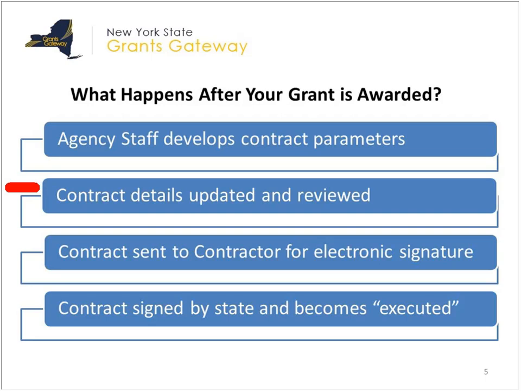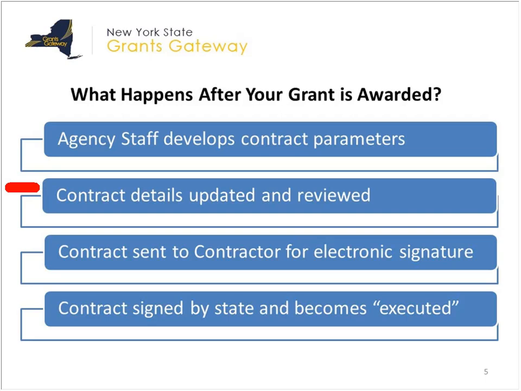Maybe you enter in some items and then DOL will get it back and say, oh, we need you to fix that, or please go and change that, and they would send it back to you. So this second step could really be a loop for quite a while. We hope it doesn't take that long. We've given you in the schedule 7 days to do what you need to do, and that should be adequate to get your details in and get it submitted to DOL.